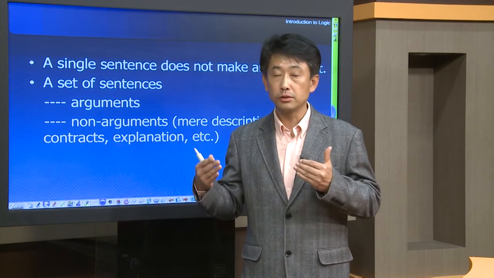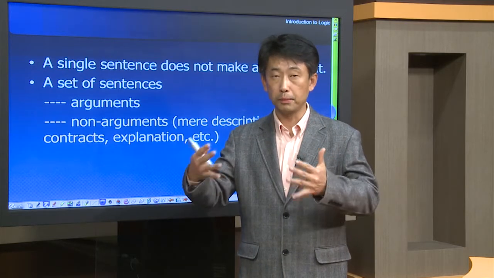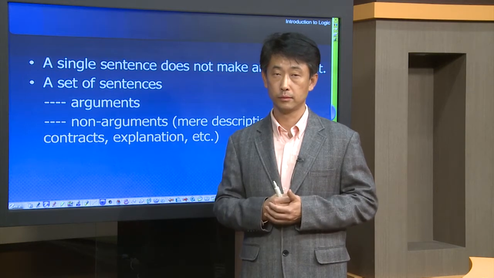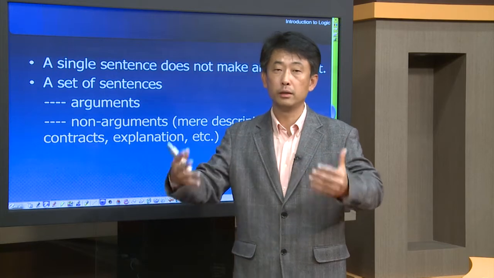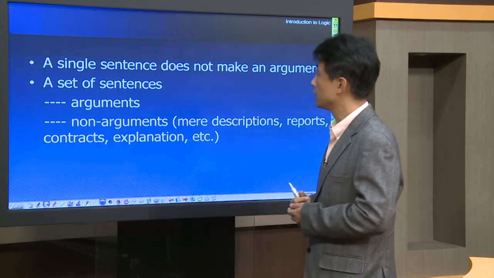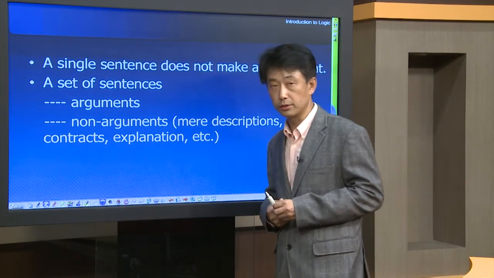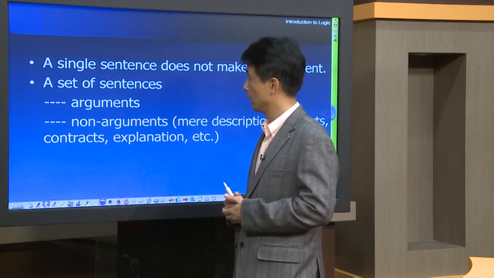The logic starts when you add to your claim or belief the reasons why that is the case. When you present an argument, that's where logic starts. Okay? So a single sentence does not make an argument, only a set of sentences with the two parts that I mentioned.